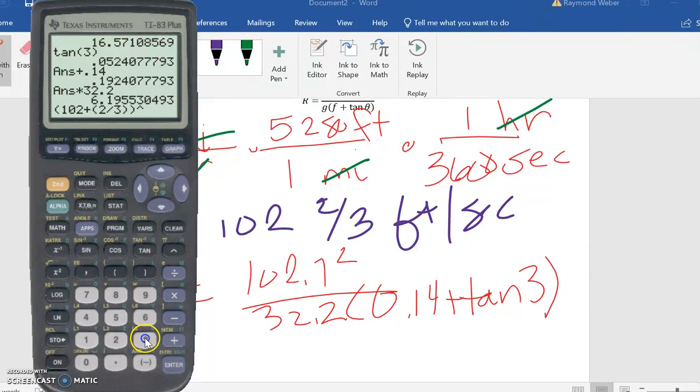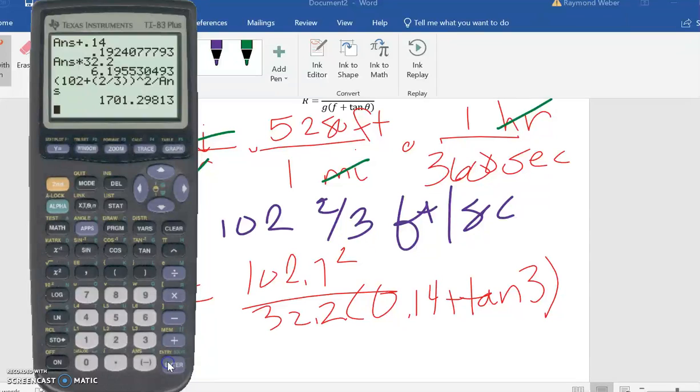Then this whole thing is squared, not cubed, squared. And then I'm going to divide by my answer. And there's my answer, 1,701 feet. They said round to the nearest foot, so 1,701 feet is my safe radius for this curve if I want cars to be able to go 70 miles an hour.